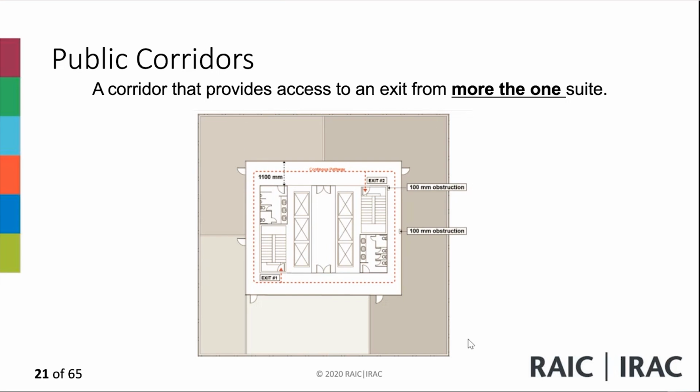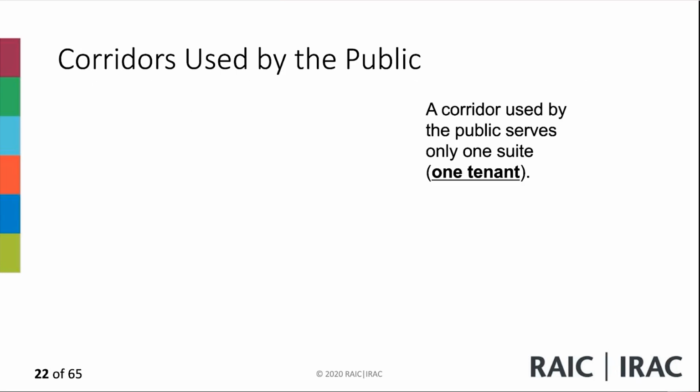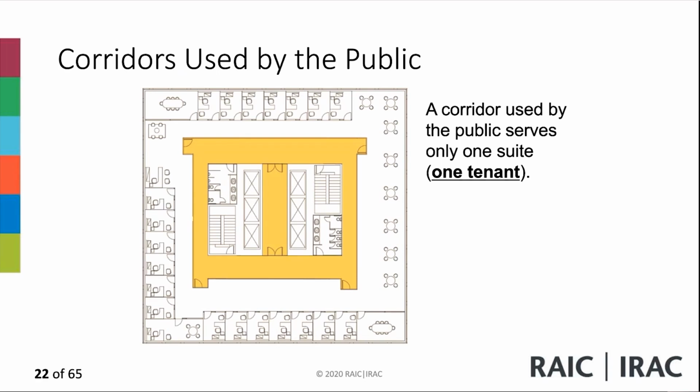You've got the doors to the suites. A corridor used by the public serves only one suite, one tenant. So public corridors are basically used for multiple suites.